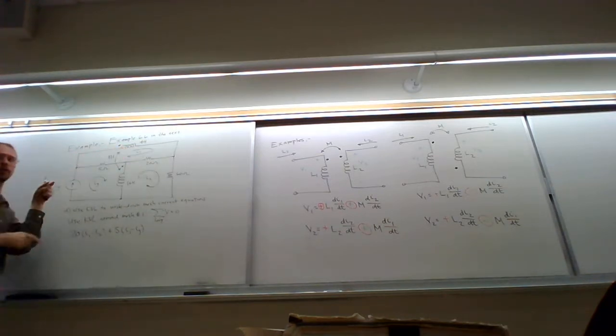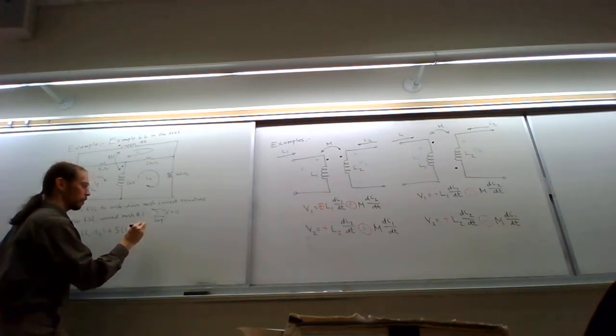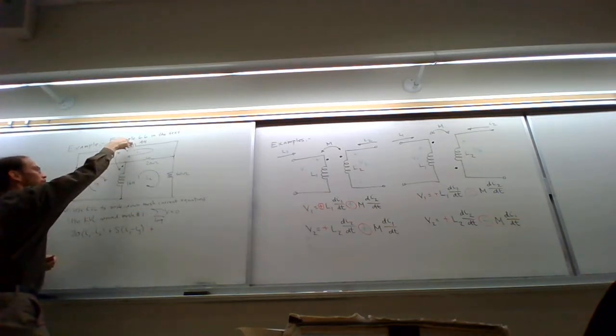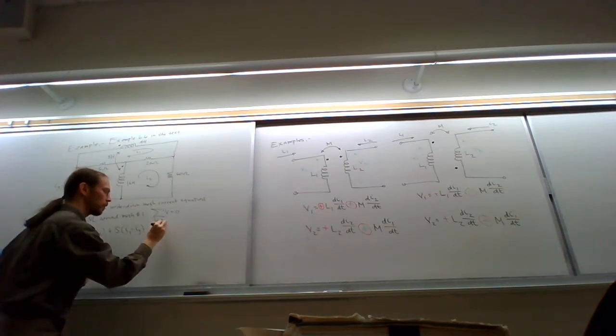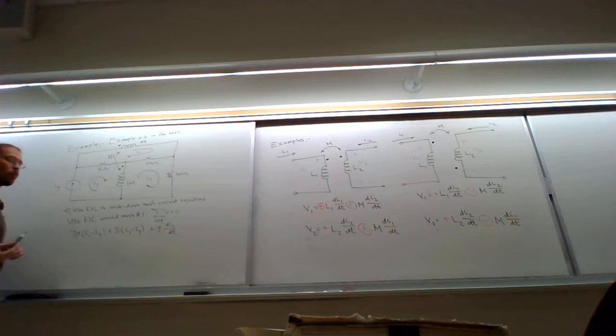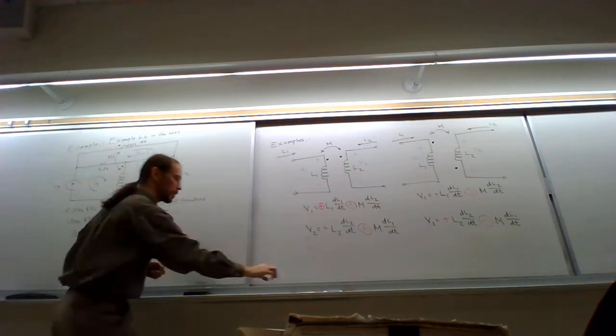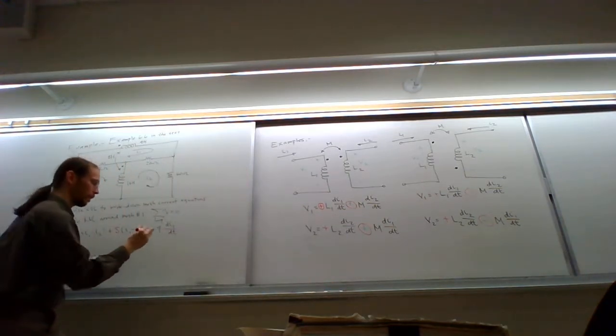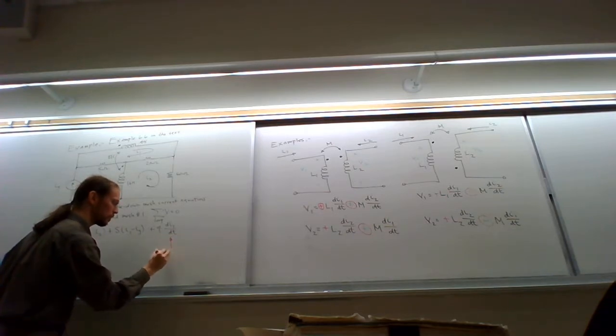When I go through this inductor, am I going in the same direction or opposite direction as I1, as I add up my voltages? Same direction. So the self-induced term is plus 4 henries times the current flowing through that inductor, which is di1/dt. So this is the self-induced term.